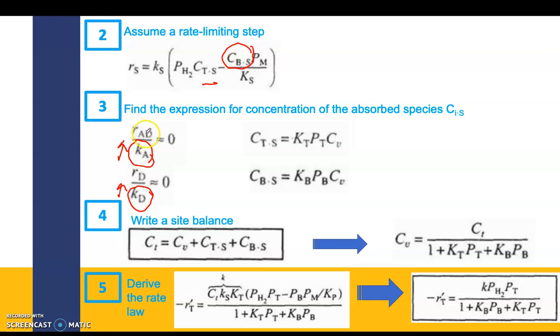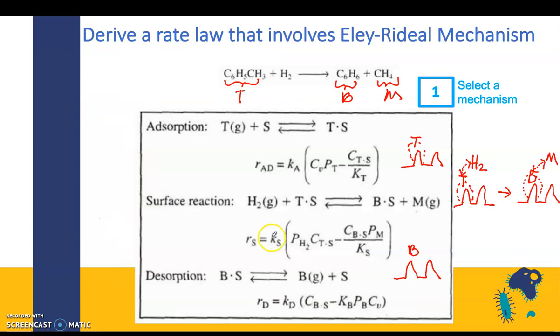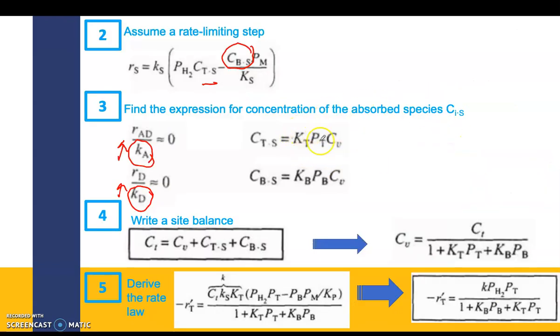So when r_AD over Ka equals 0 and r_D over Kd equals 0, you look back at the previous slide. When this part equals 0, it becomes C_v P_T equals C_T·S. That's why it becomes like this. So you will have one equation for C_T·S, and another equation for C_B·S.